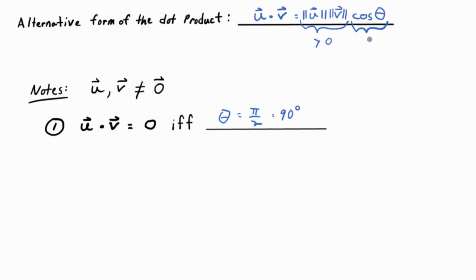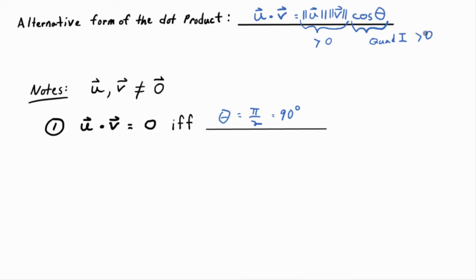Well, there's 2 of them, but the one we're interested in is quadrant 1, also quadrant 4, but we're not going to talk about that as an angle between 2 vectors. So in quadrant 1, the cosine's bigger than 0, isn't it?